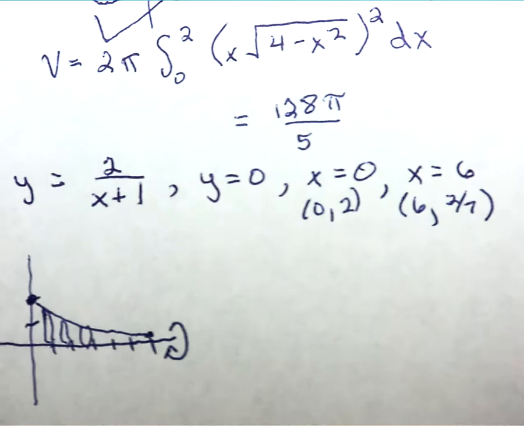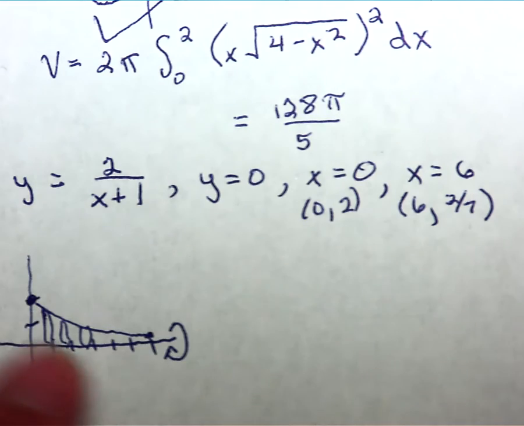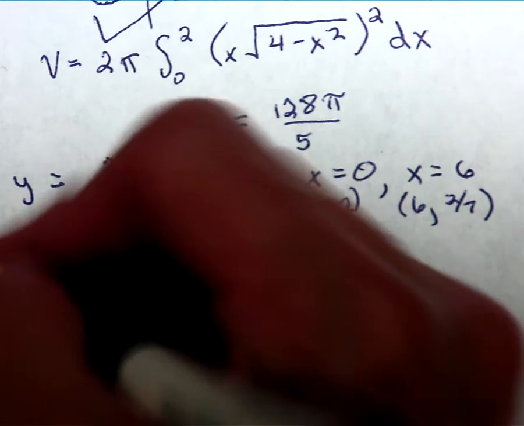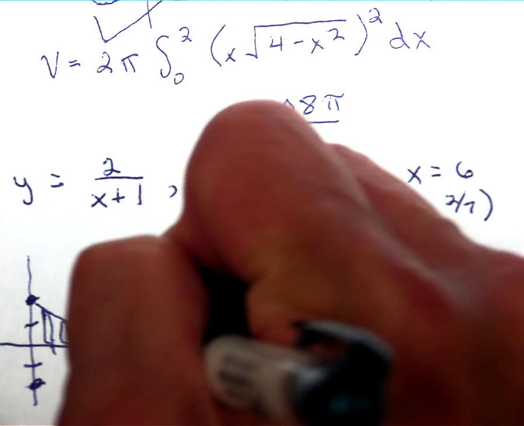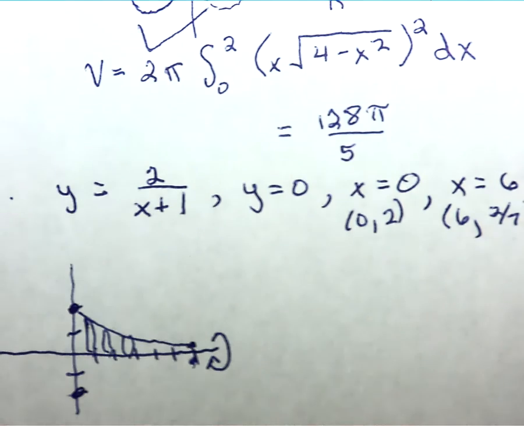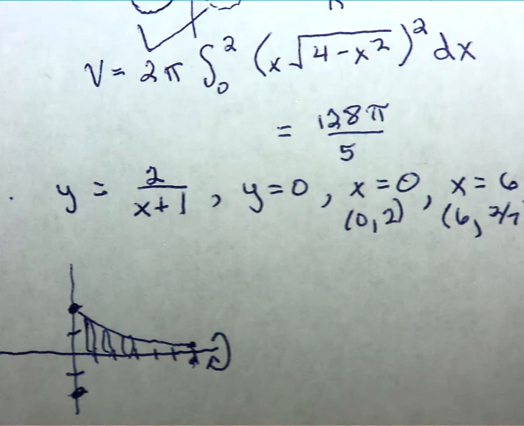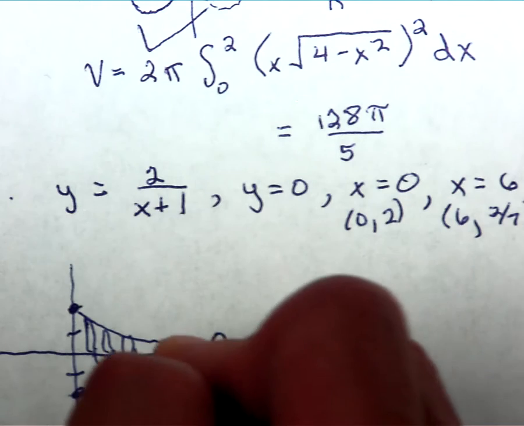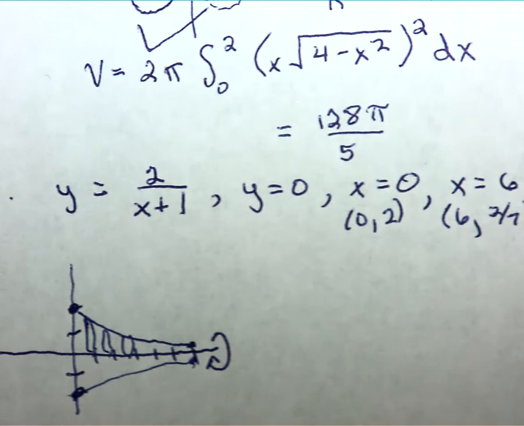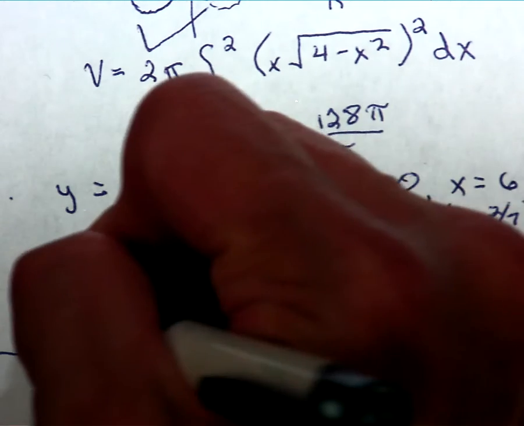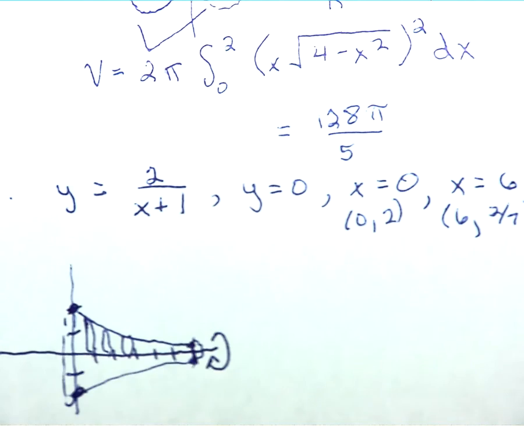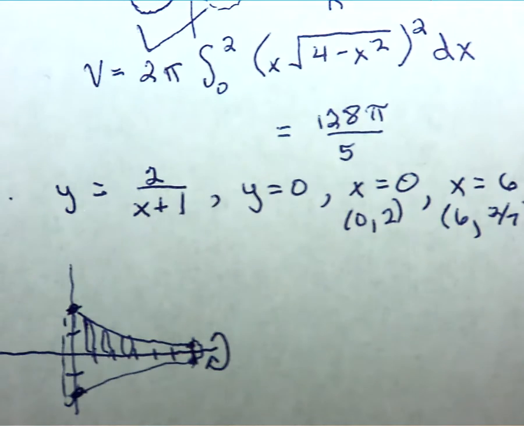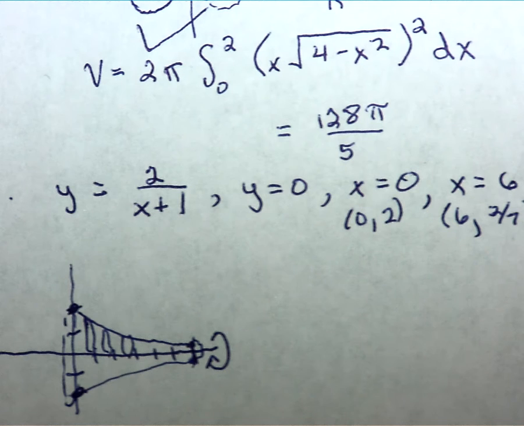So I'm going to draw the mirror image of that flipped over the x-axis, those same 2 points, and then the mirror image, and then put some ends on it, and there's my solid of revolution, the very best I can do. Not a trumpet.